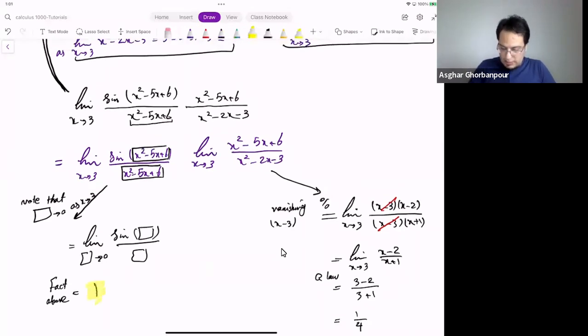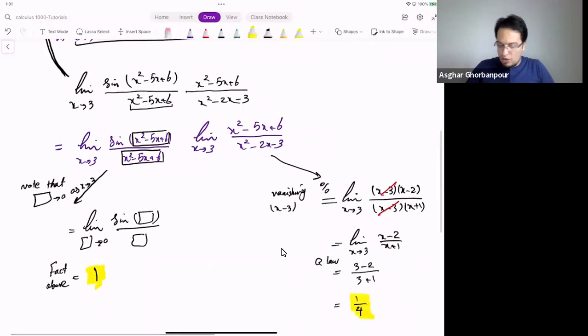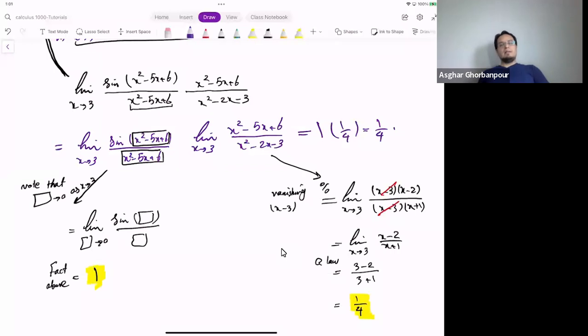So using the product law, I can continue and write that this is 1 times 1 over 4, and that is the whole limit: 1 over 4.